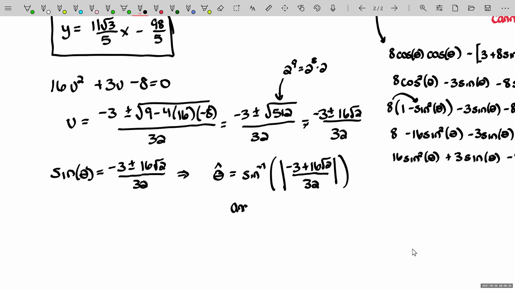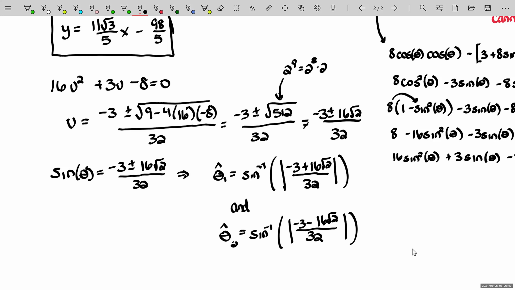And the other reference angle, I'll call that reference angle 1 and reference angle 2, will be the sine inverse of the absolute value of -3 minus 16 root 2 over 32. When I use inverse trig functions, I tend to only do them with the absolute values of the ratios that they're equal to. It's just safer to do that.